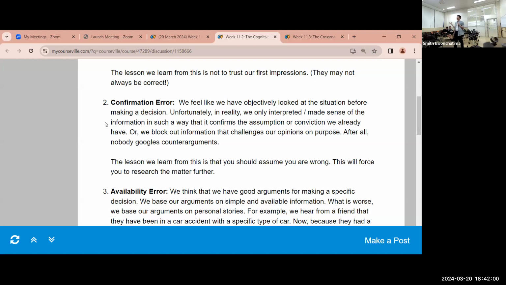And although there is some information that goes against what you believe, you just don't take a look at it. You just ignore it or don't take it seriously. This is when the confirmation error happens.